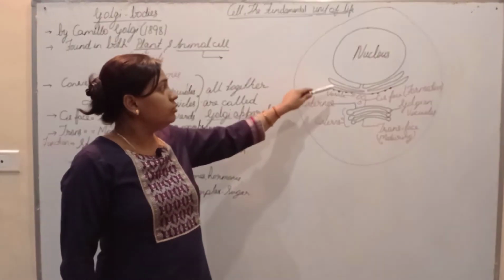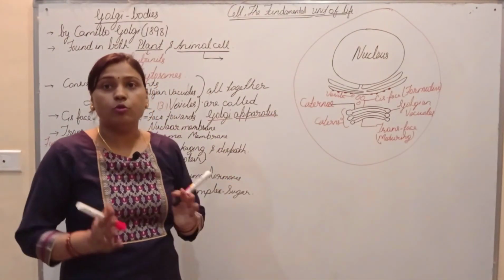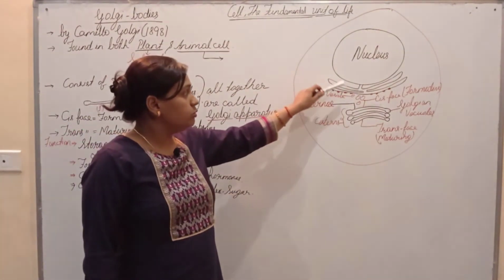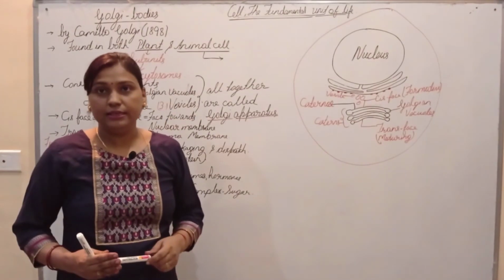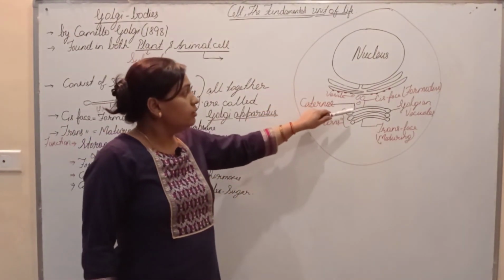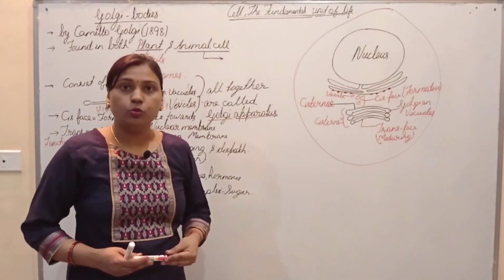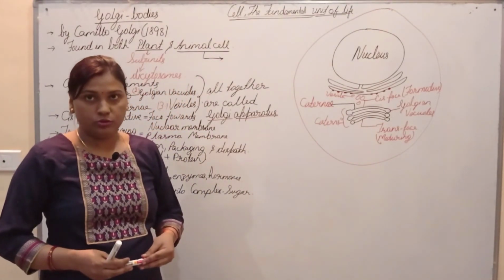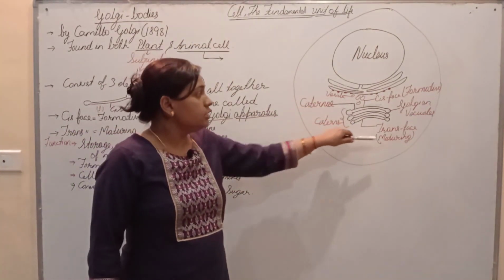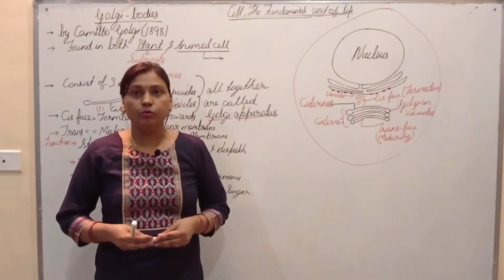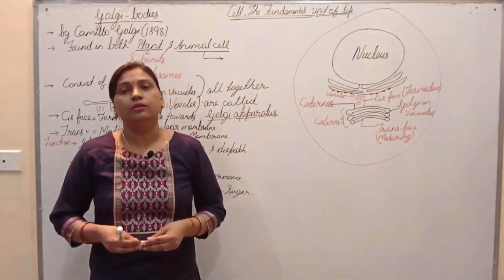The raw material in the form of lipids and proteins is transported to the Golgi body through vesicles, and there the materials are stored, modified, matured and made ready for dispatch through the trans phase. I hope you all understood this. Thank you.